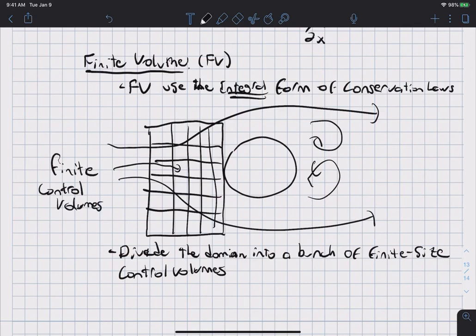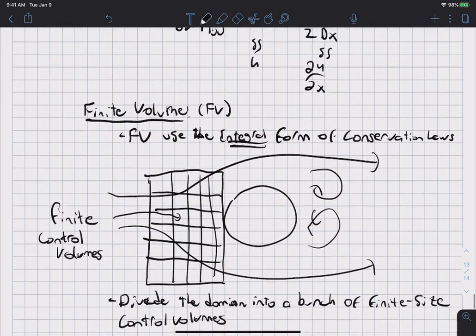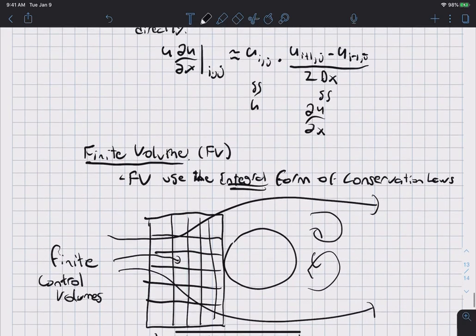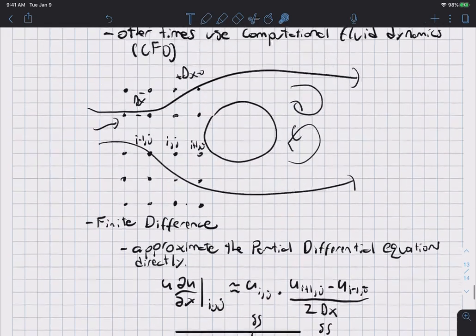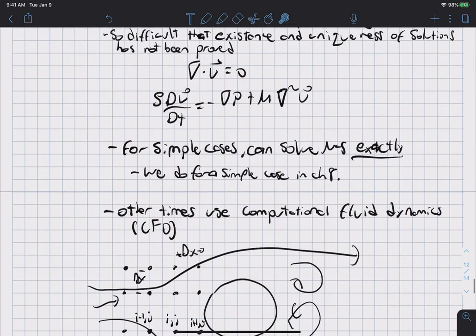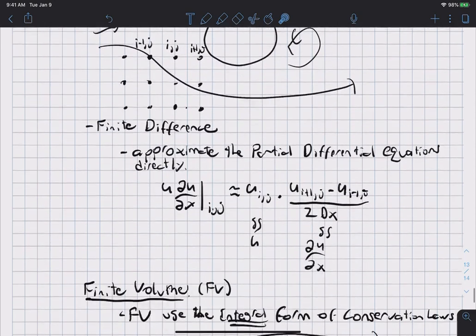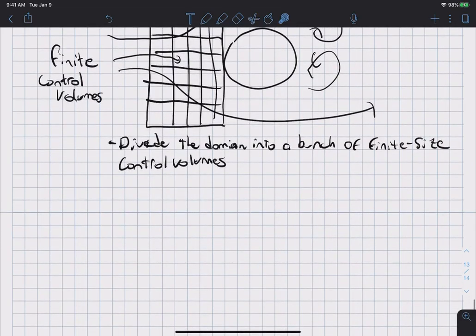And so with finite volume, rather than working with the differential form of the Navier-Stokes equations directly, we do not start from there as we did with finite difference. Instead, we start with the integral form of the conservation laws. Say, for example, we zoom in onto this finite volume here.